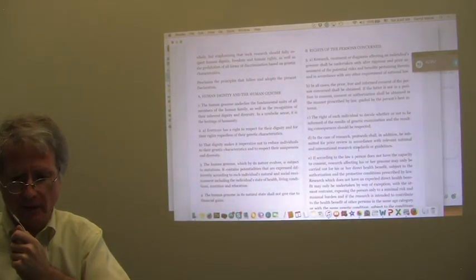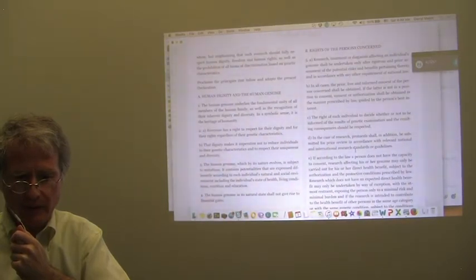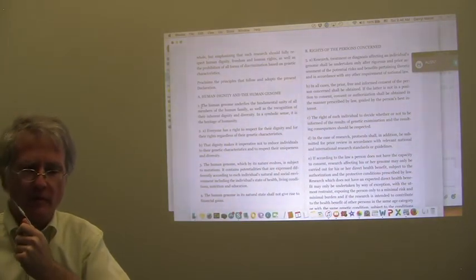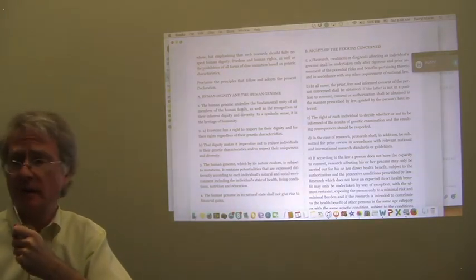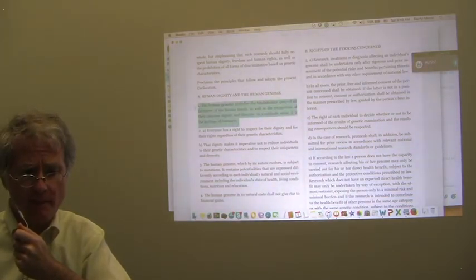I want to go to some of the articles on page, in Article A under Human Dignity and Human Genome. Number 1, the human genome underlies the fundamental unity of all members of the human family, as well as a recognition of inherent dignity and diversity. In a symbolic sense, it's a heritage of humanity.